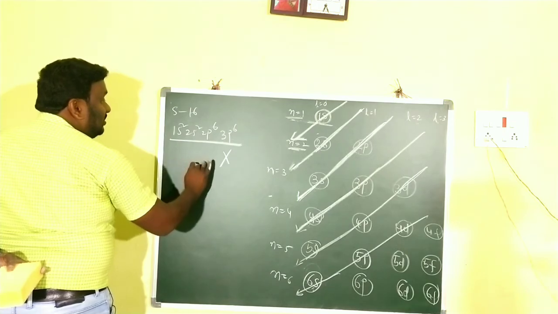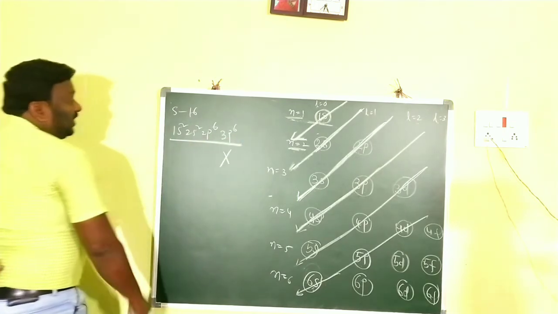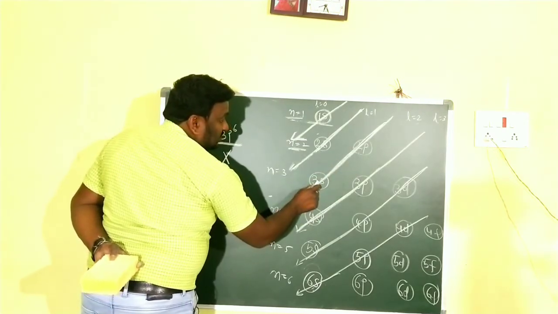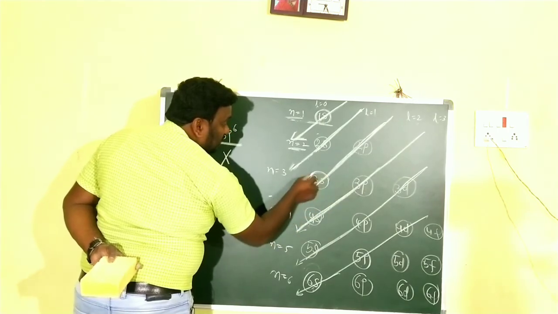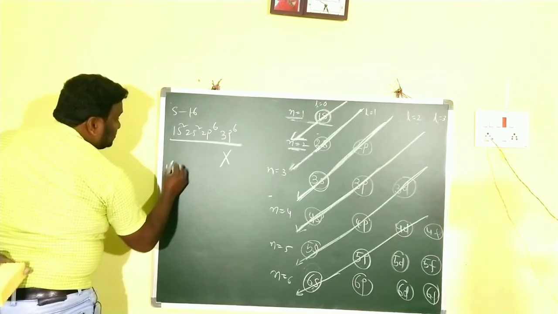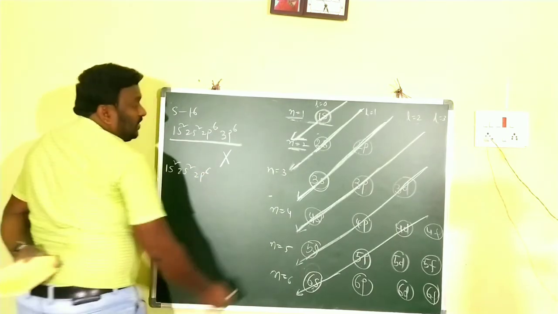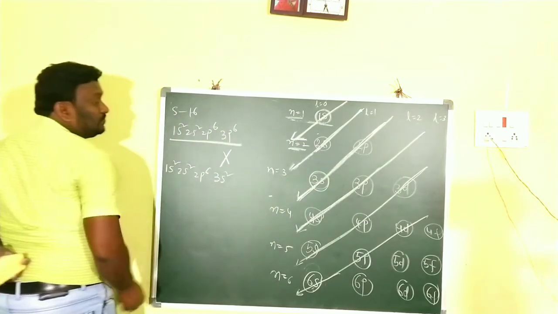Why is it wrong? In this example, the Aufbau principle is not obeyed. After 2p, where do we have to go? 3s. Compared to 3s and 3p, 3s is the lowest energy level. First we have to fill the 3s. That's why I am going to write like this: 1s2, 2s2, 2p6. After 2p, what do you have to write? 3s2.